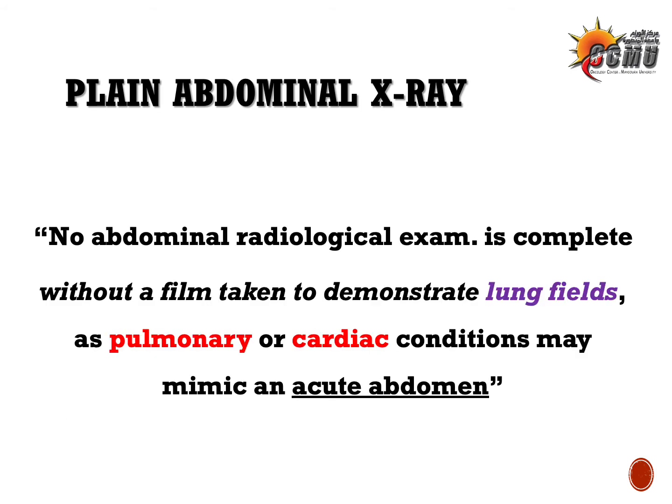This is an excerpt from the Textbook of Radiology by David Sutton. It says that no abdominal radiological examination is complete without a film taken to demonstrate the lung fields.